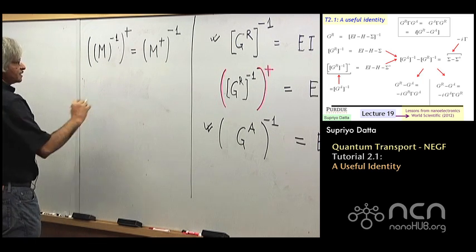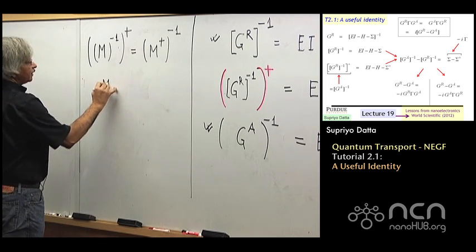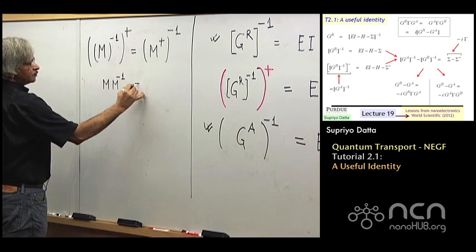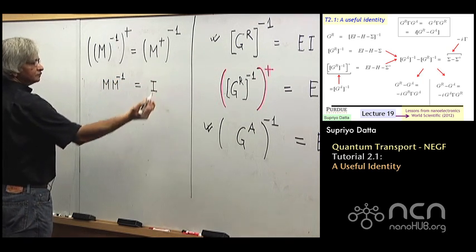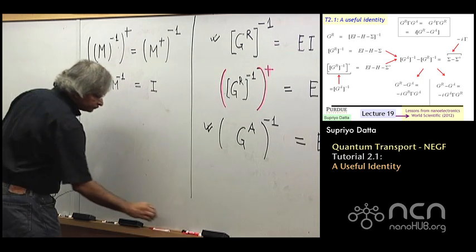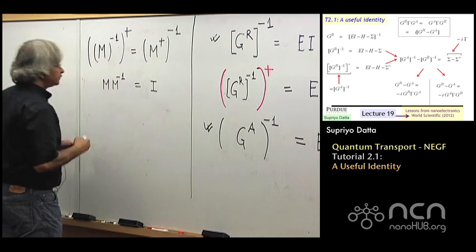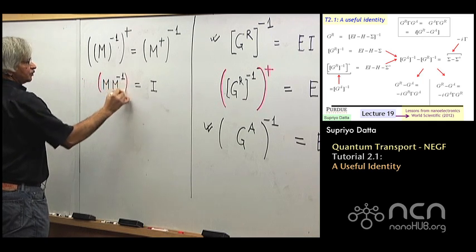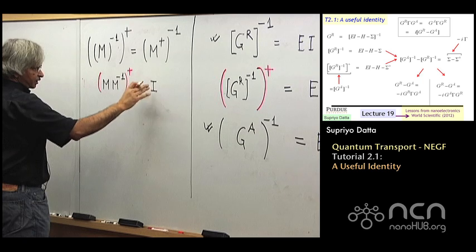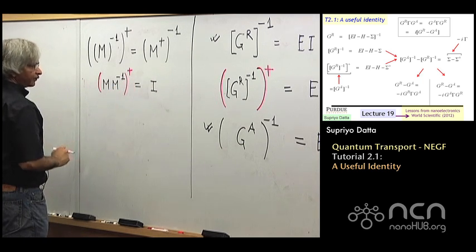And the way I would do it is something like this: take any matrix, multiply it by its inverse, that's equal to I, the identity matrix. Now let's take dagger on this, conjugate transpose on both sides. Of course, identity matrix, conjugate transpose, it's still identity matrix.